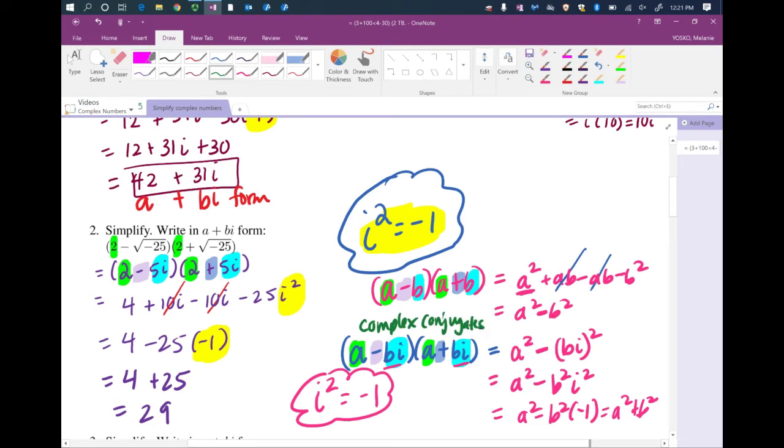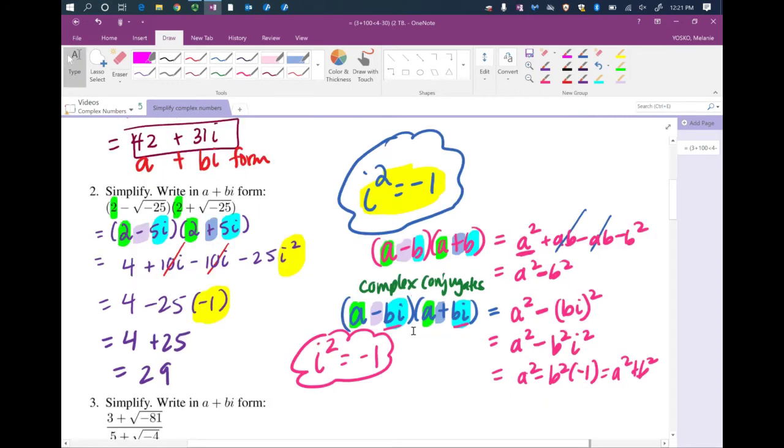Okay, so a plus bi and a minus bi are complex conjugates of each other. You've probably heard conjugate before we talked about complex numbers. Term in the front is the same, term in the back is the same. We've changed the sign in the middle. We're going to use this to clean up more complex numbers.